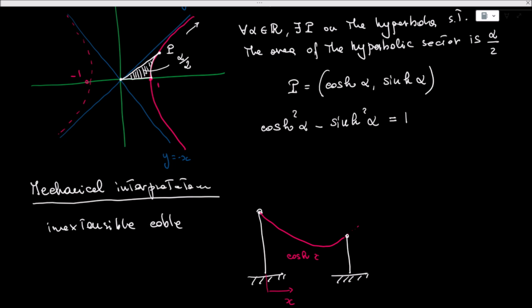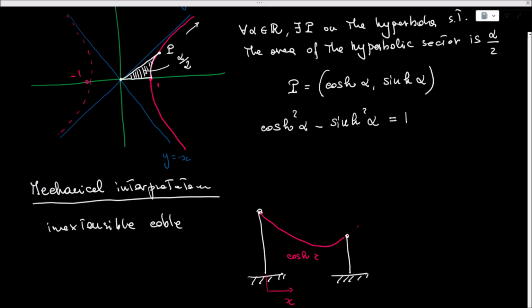That this is indeed the case can be proved in a course in calculus of variations. We will do this later. But for the time being, just keep in mind that this is what happens if you attach an inextensible cable between 2 points at different heights.